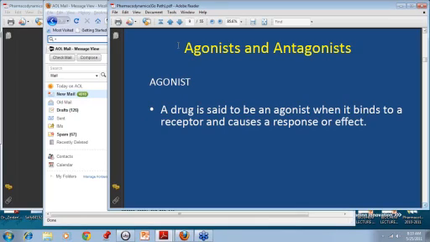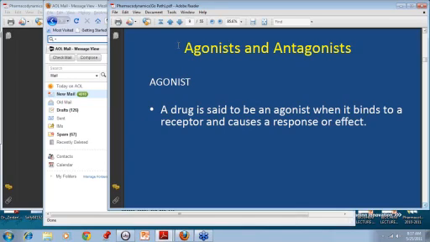When you say a drug is an agonist, and that's what we're going to address, cholinergic agonists, cholinergic antagonists, adrenergic agonists, adrenergic antagonists, you have to understand what we're talking about. A drug is said to be an agonist when it binds to a receptor and causes a response or effect.